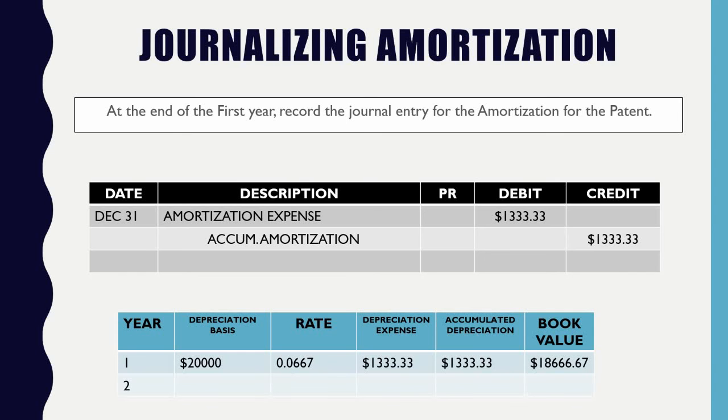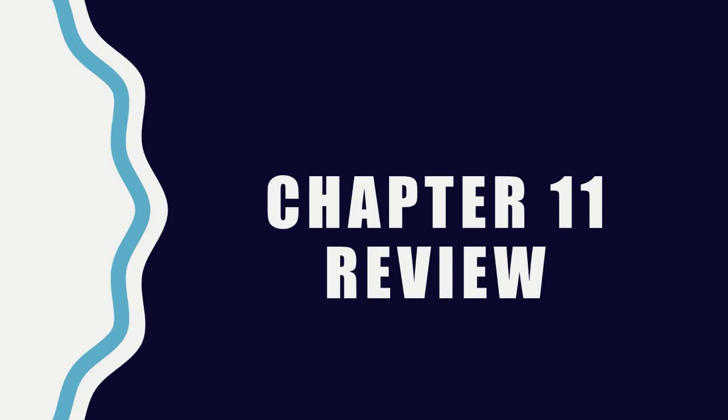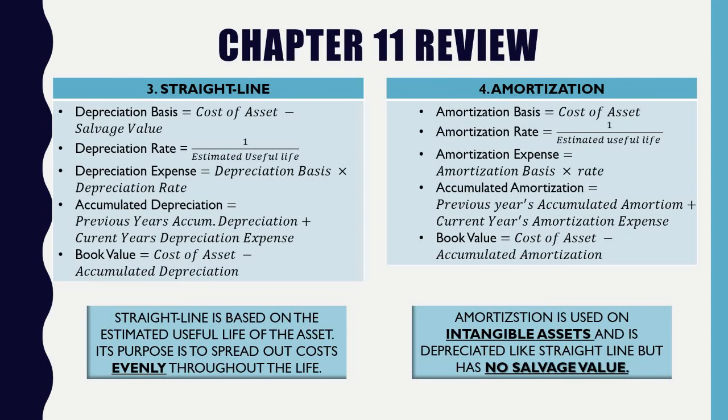Okay. So amortization expense and accumulated amortization for the $1,333.33. And once again, because it's following the same exact rules as straight line, every year the amortization journal will look identical. Okay. Any questions?